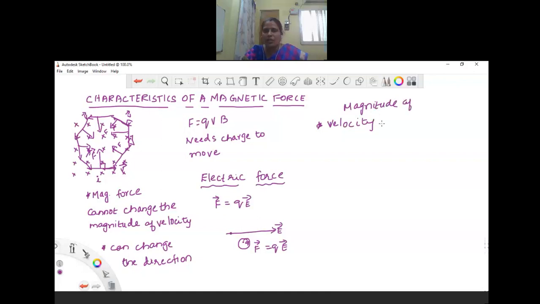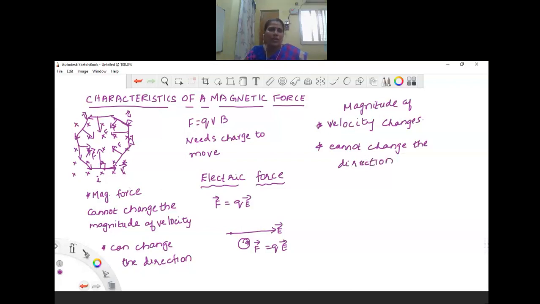But what happens to the direction? This electric force will not change the direction. Electric force cannot change the direction of the charged particle.